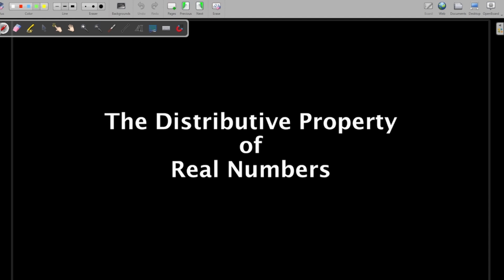So as you can see on our screen, today we are looking at the distributive property of real numbers. So what is the distributive property? The distributive property of real numbers tells us how multiplication and division spread over addition and subtraction and vice versa within a parenthesis.